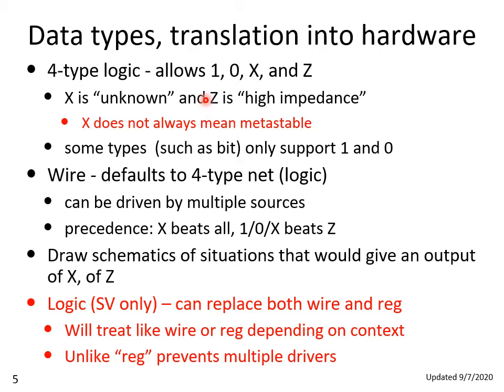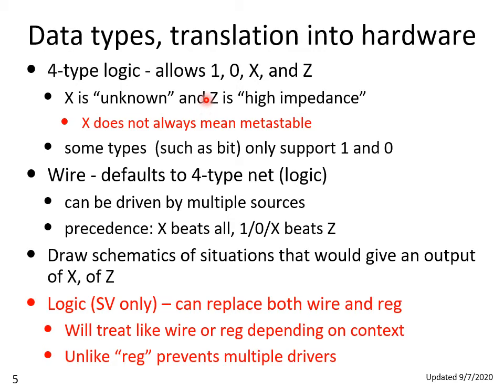If it is disabled, the output is effectively disconnected from the wire, and it's referred to as a high impedance state. There is no resistive load present on the wire.